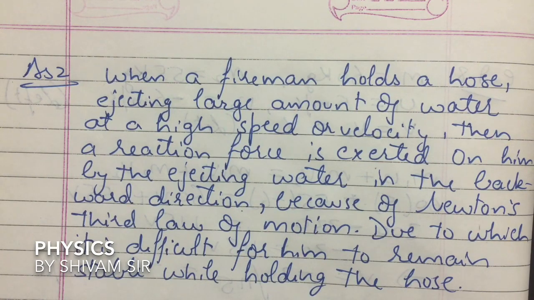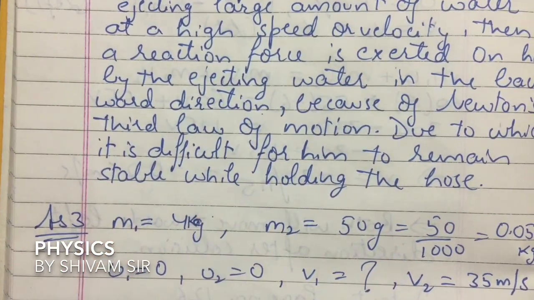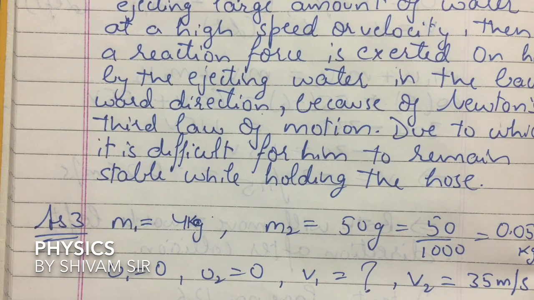So a reaction force will be exerted on him by the ejecting water in the backward direction due to Newton's third law of motion. So due to which it becomes difficult for him to remain stable while holding the hose. So this is because of Newton's third law of motion. As the water is coming outwards with high velocity, it will exert some opposite force on the hose and on that person, which makes it difficult for him to be in a stable position.